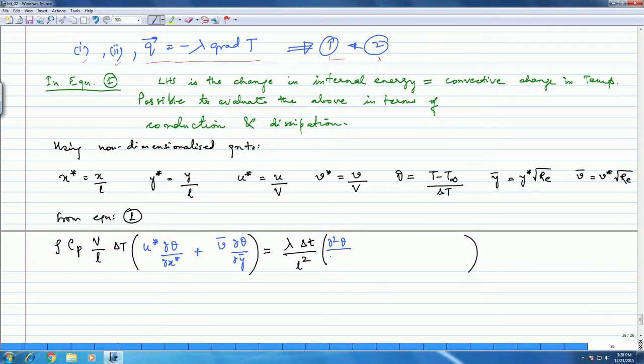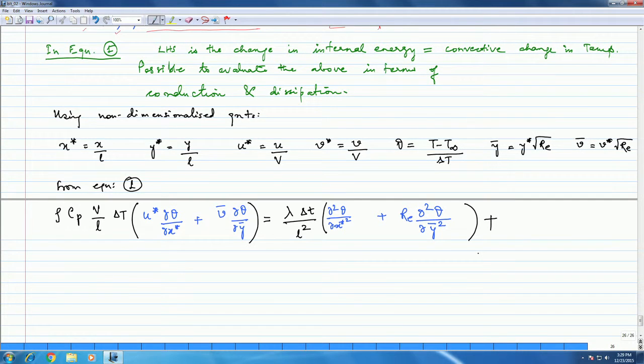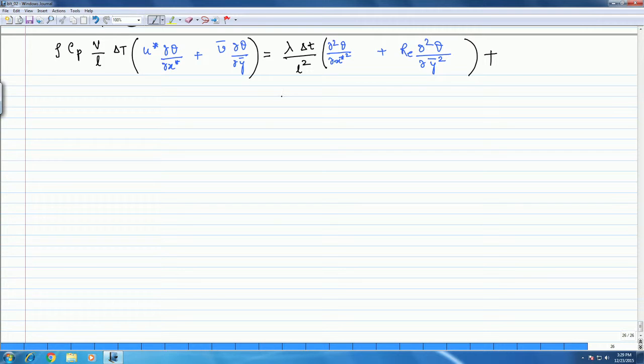So del 2 theta del x star 2 plus RE del 2 theta, that, right? This then, plus nu v square by L, 2.